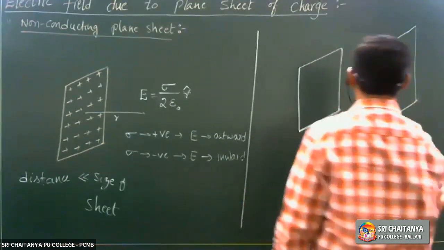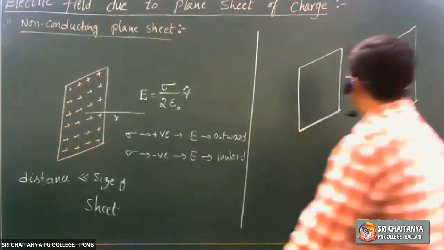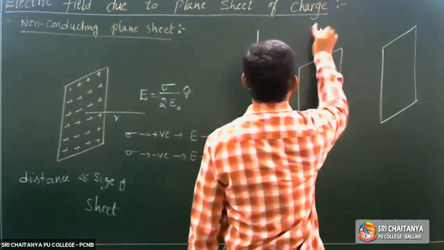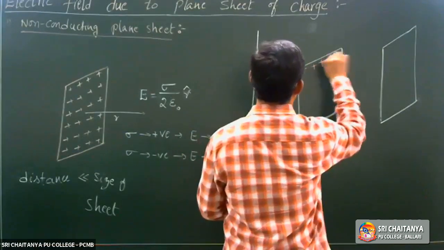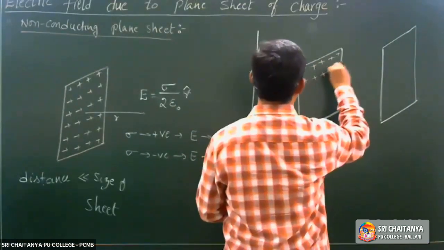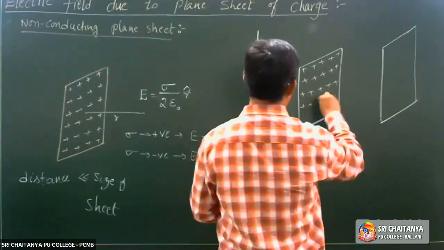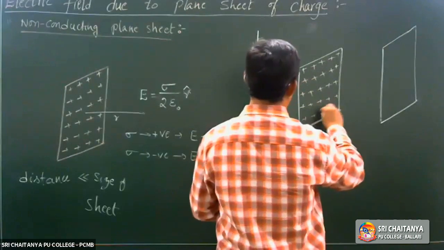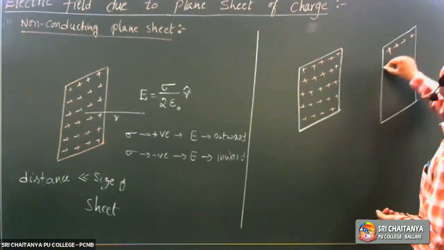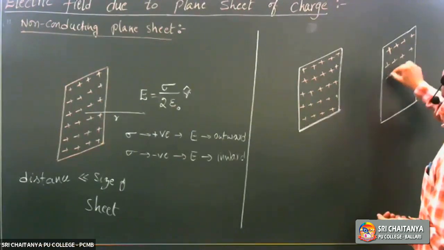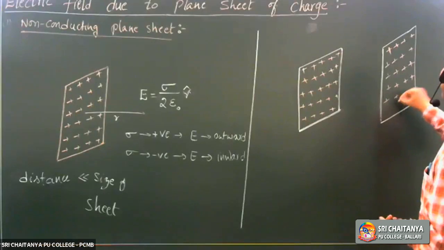This is another plate. There are two plates, right? Plate 1, plate 2. And on this plate, there is some charge. On this plate also, let some positive charge be given to those plates.